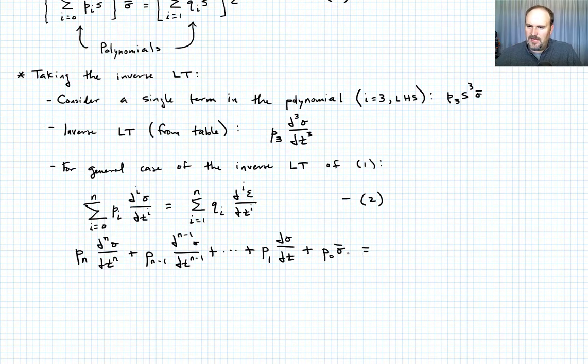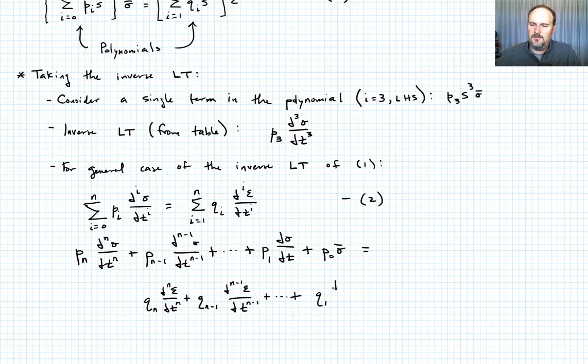That equals q sub n times the nth derivative of epsilon with respect to time, plus q sub n minus 1 times the n minus 1 derivative of epsilon, plus dot dot dot, plus finally q1 times the derivative of epsilon with respect to time.